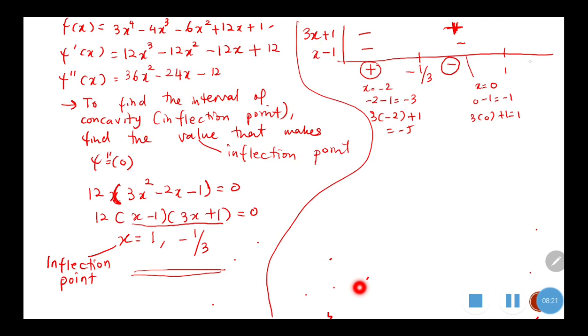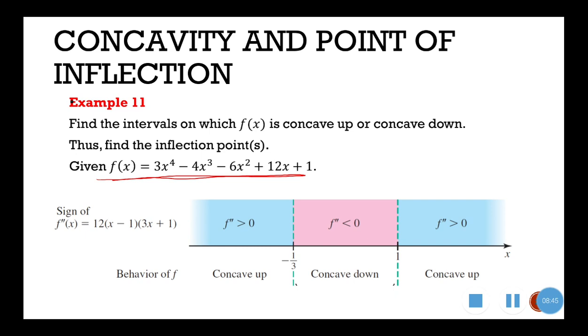And for the final one, I'm going to pick x equal to 2. So 2 minus 1 is 1, and the other factor gives 7. Positive times positive gives positive. Now let's look here first.